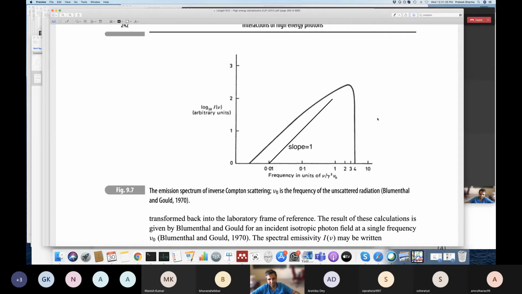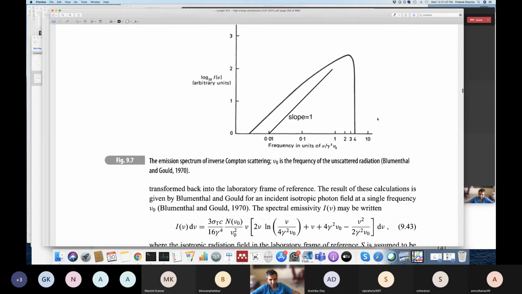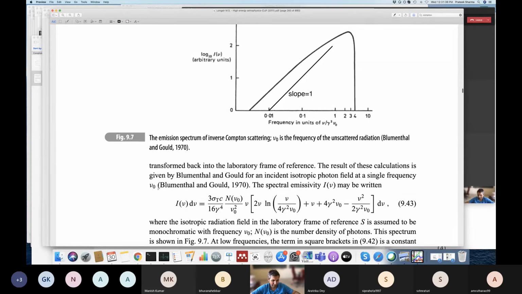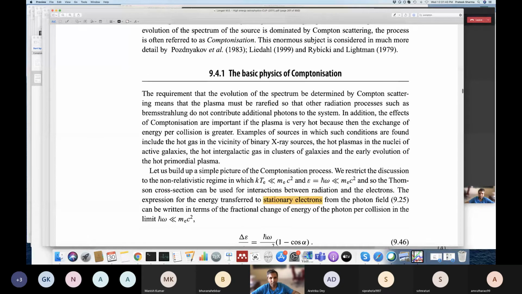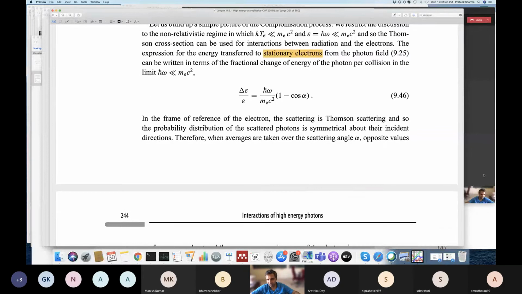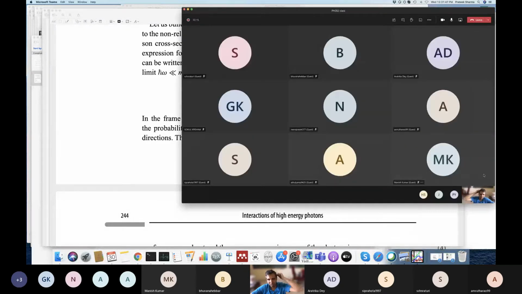So it has this characteristic shape. In fact, he also cites that paper that I just flashed. So if you're interested in more details, do read all this material. This is quite important material, quite an important process.